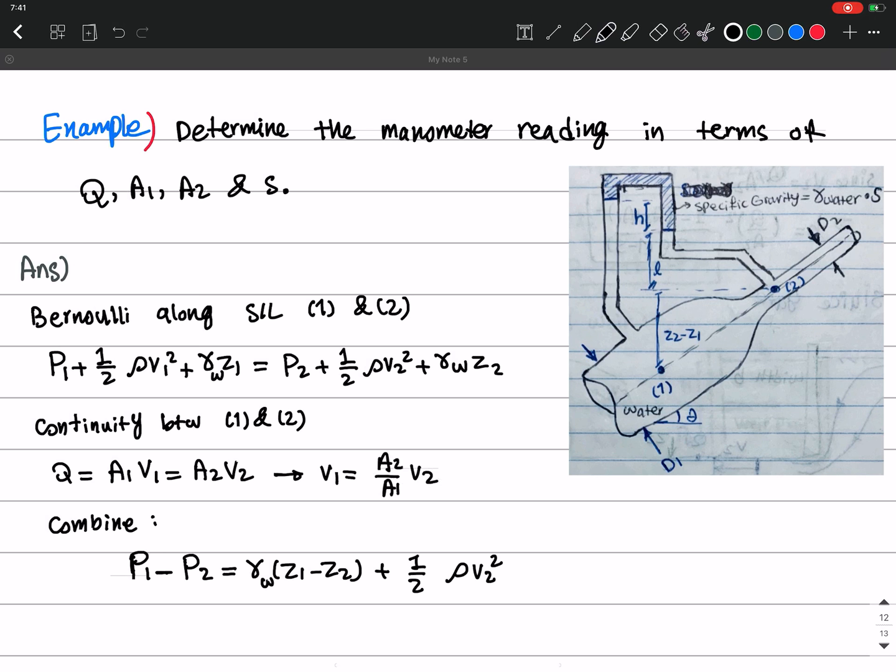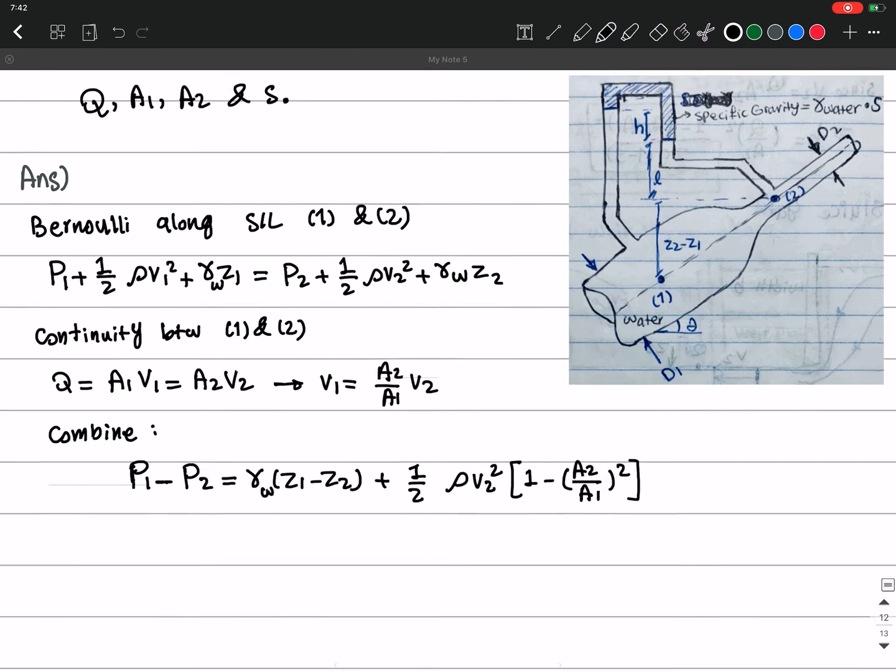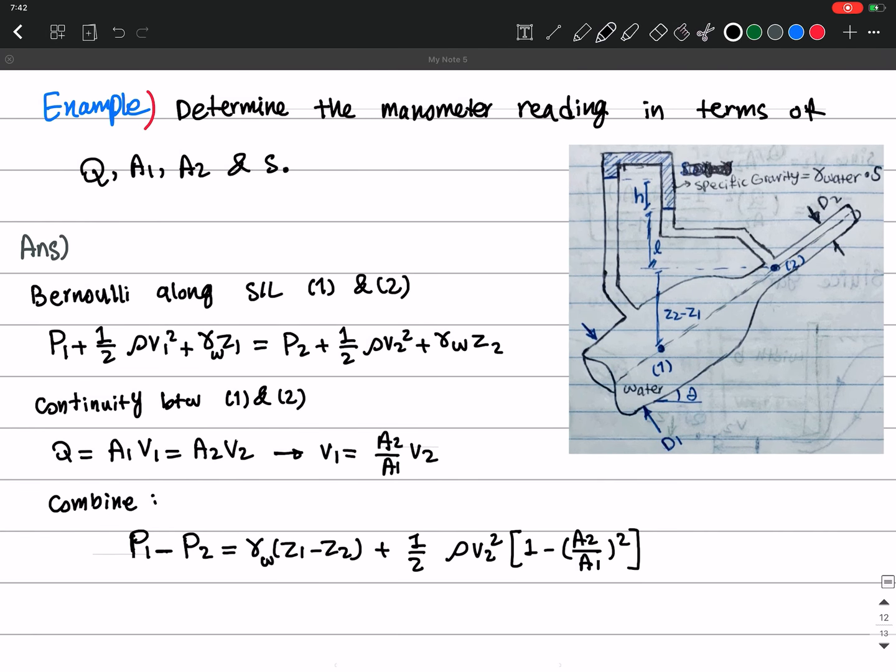So 1/2 rho V2 square times 1 minus A2 over A1 square. Okay. So I have combined these two. So I have this A1 over A2, V2, and Z1 and Z2.